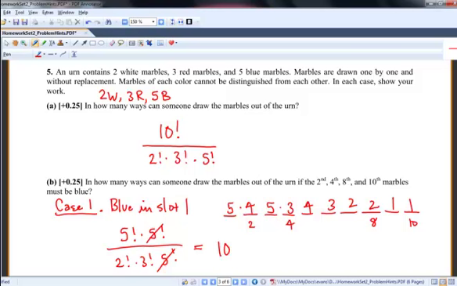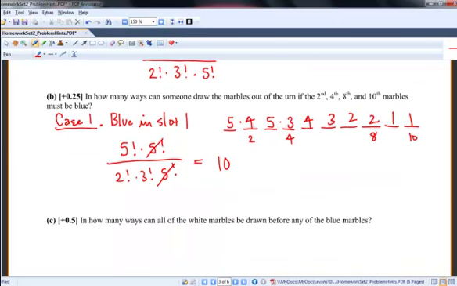And so I looked at case 2, which is where I didn't put a blue in the first slot. So case 2, no blue in slot 1. Here's my 10 slots, 1, 2, 3, 4, 5, 6, 7, 8, 9, 10.